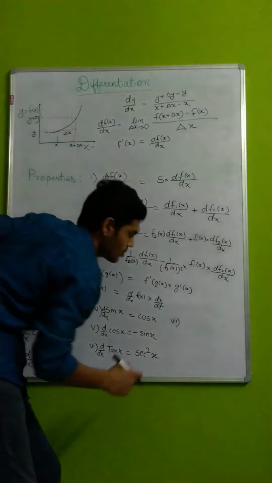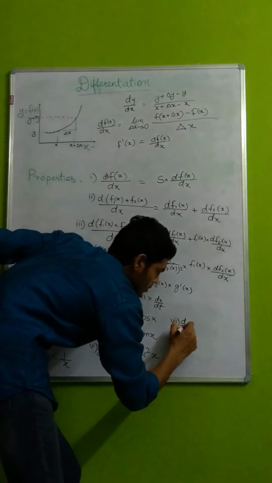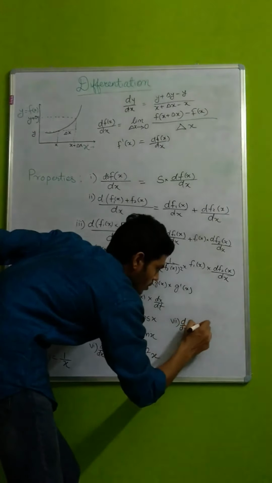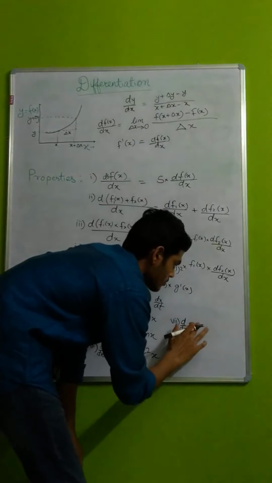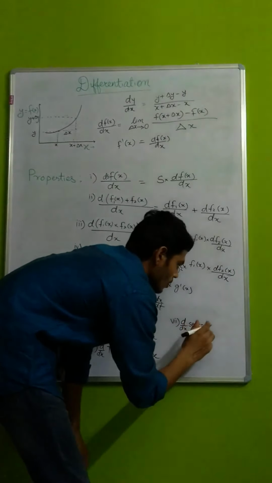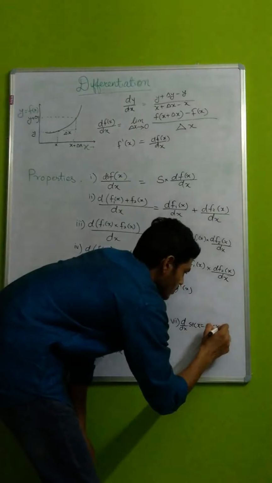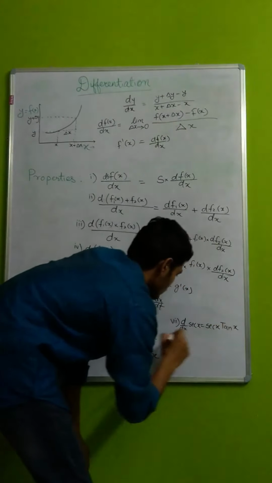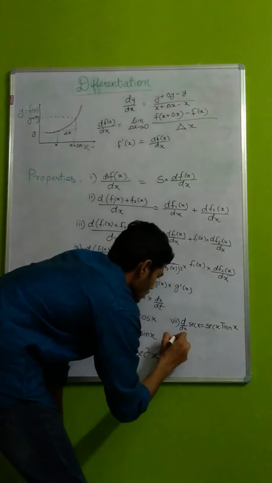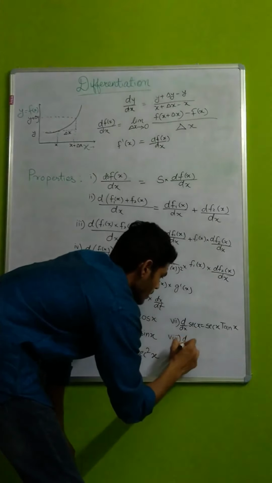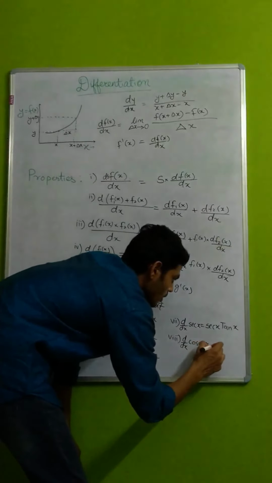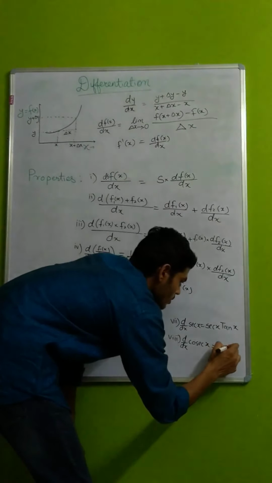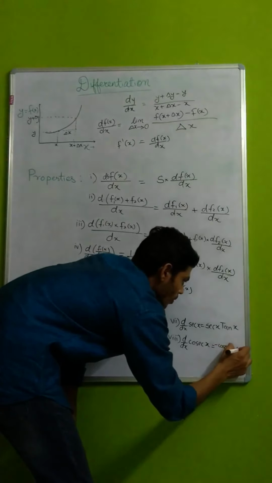Now we will see differentiation of sec function. It is sec x tan x. dy dx of cosec x equal to minus cosec x into cot x.